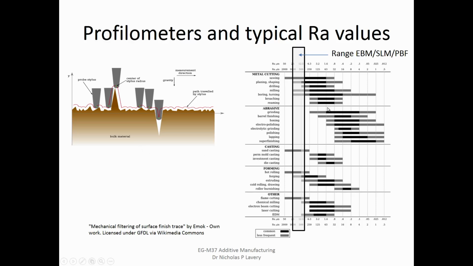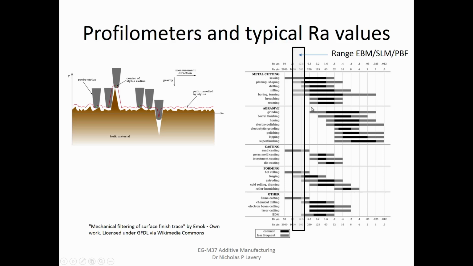So how does that compare across different processes? Well, I've got a table there showing all the way from metal cutting to casting, forming. And you can see that for all of these processes, with some subsequent treatments, you end up with ranges from very rough, up in the sort of 50 micron range, down to very smooth, in sort of nanometer ranges of roughness.